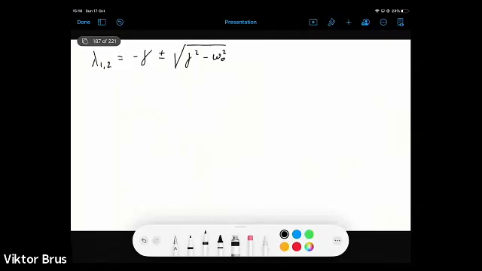Now the form of the solution of our differential equation will depend on the form of the actual solution of this characteristic equation.